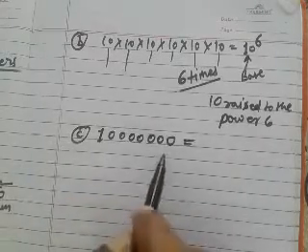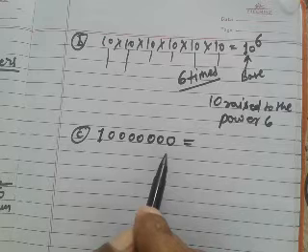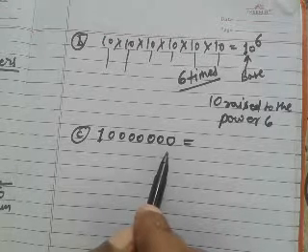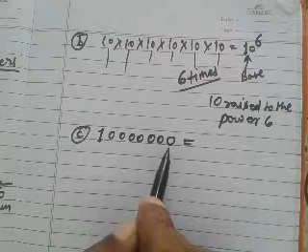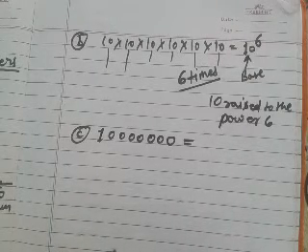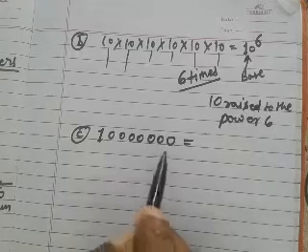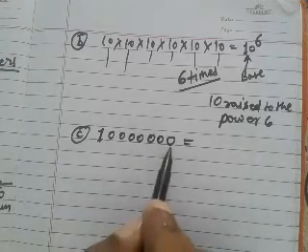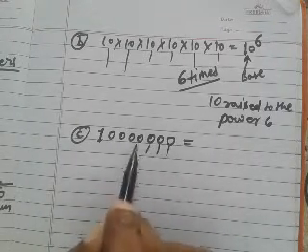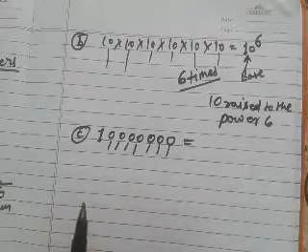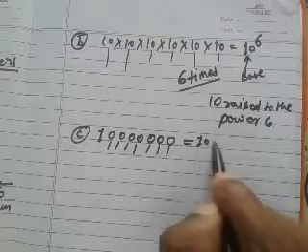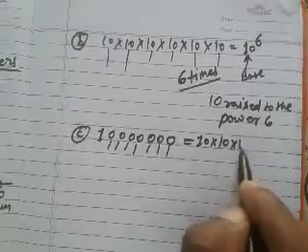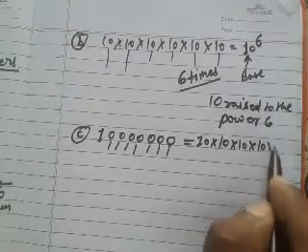To write this number in exponential form, first of all, again count how many zeros are present here, because it is the short form. 1, 2, 3, 4, 5, 6, 7. It means this number is formed by multiplying 10 7 times.